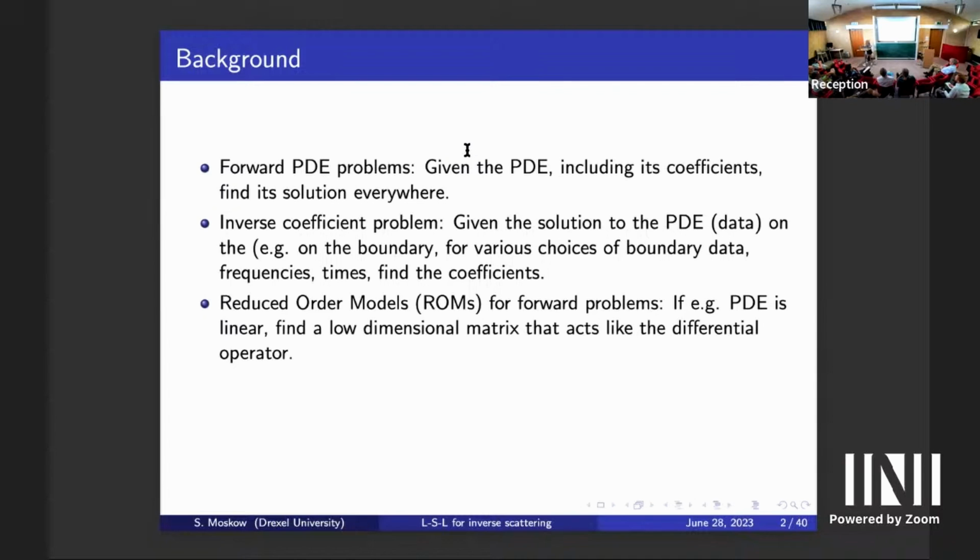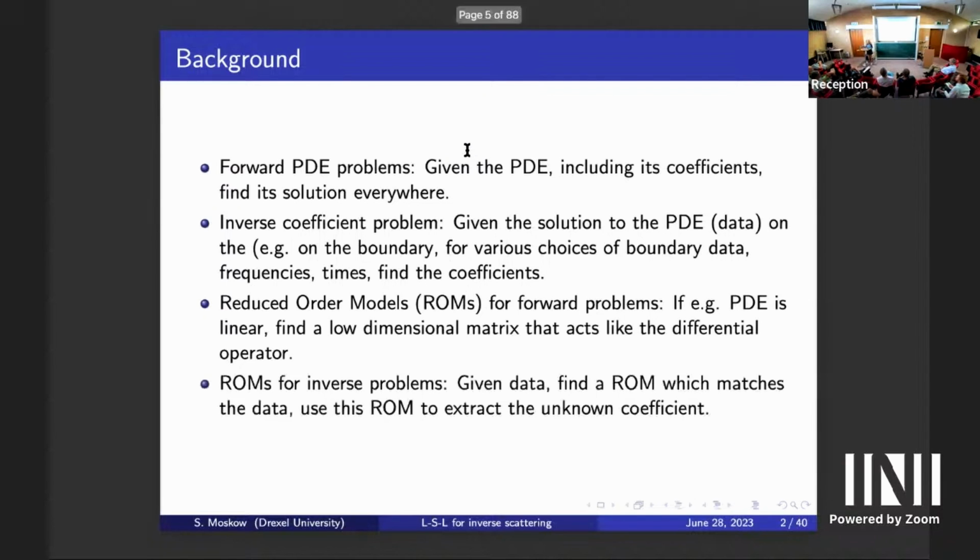A ROM for that problem is some kind of low dimensional system. Vladimir talked a lot about networks, but you could just think of a matrix. It's a linear problem, so low dimensional is a matrix that acts like the differential operator in whichever way that you want.